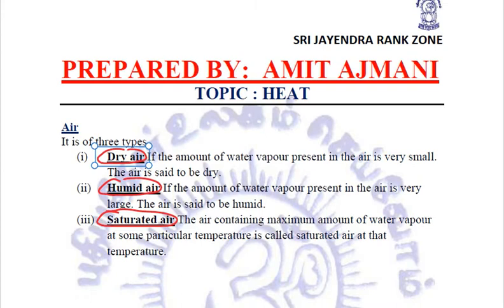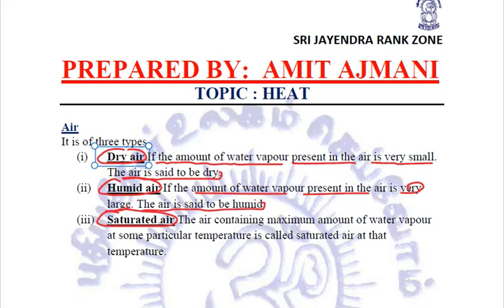Dry air: if the amount of water vapor present in the air is very small, negligibly small, then the air is said to be dry air. If the amount of water vapor present in the air is very large, then the air is said to be humid air.